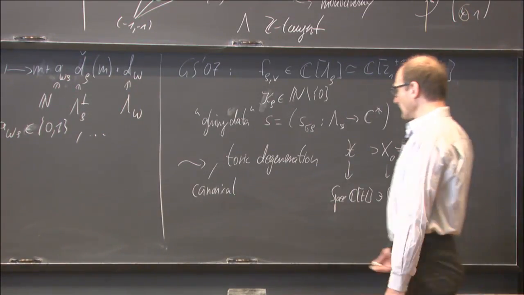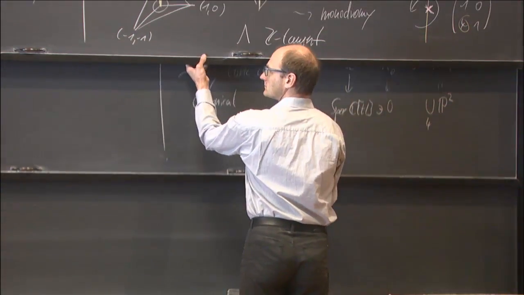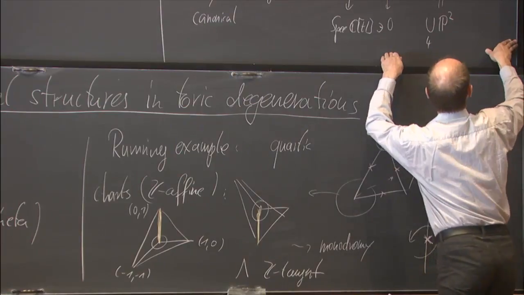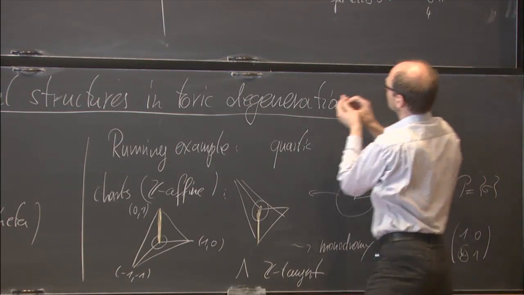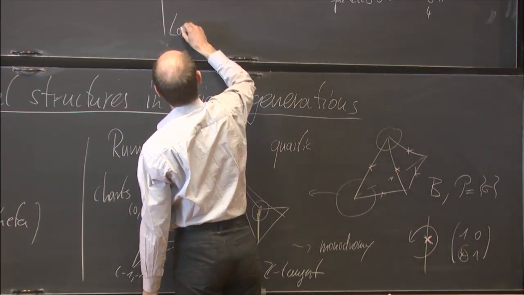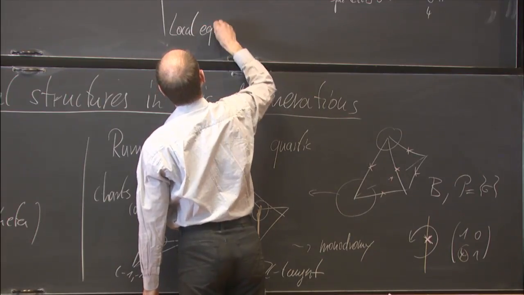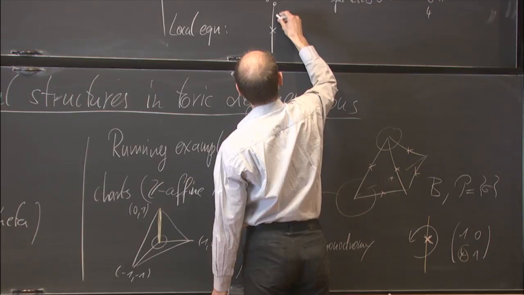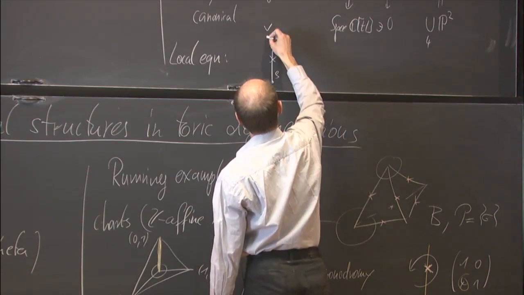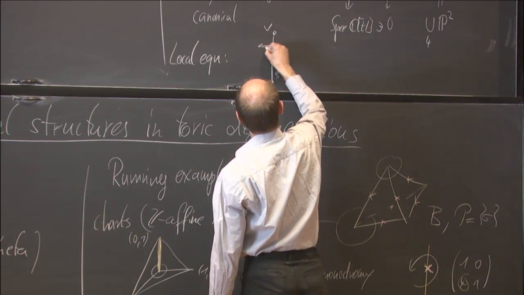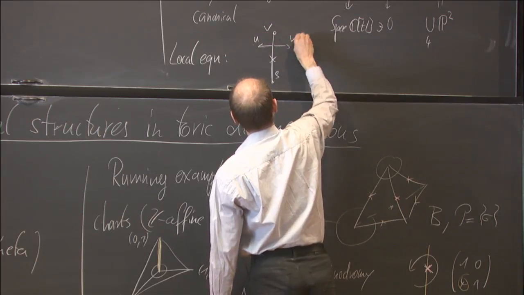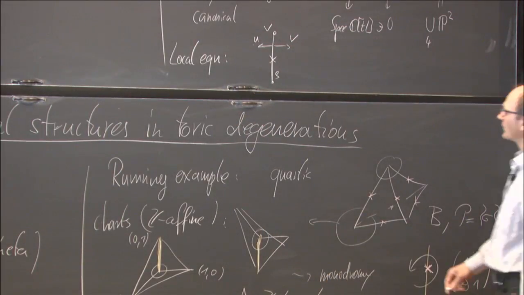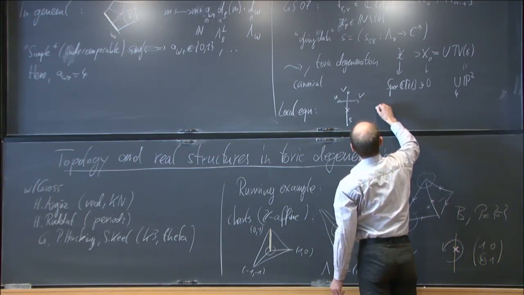And then we have a local equation that looks like this. So if you have a vertex and a rho here, you have tangent vectors, let me call them u, v, for the corresponding toric monomials on the adjacent components.